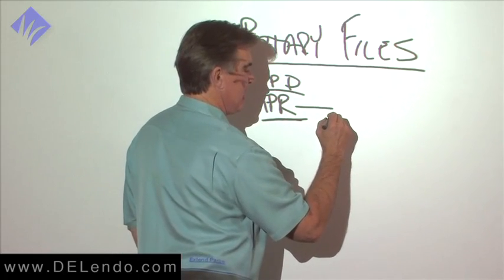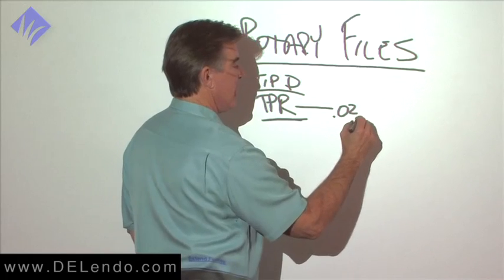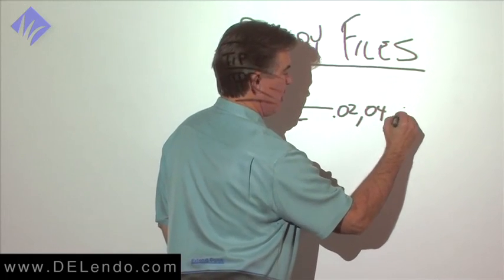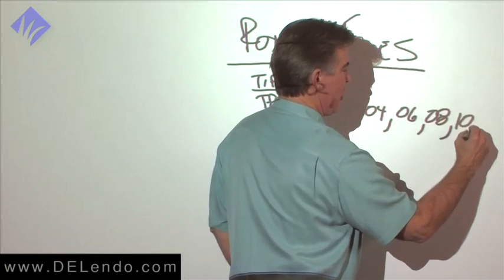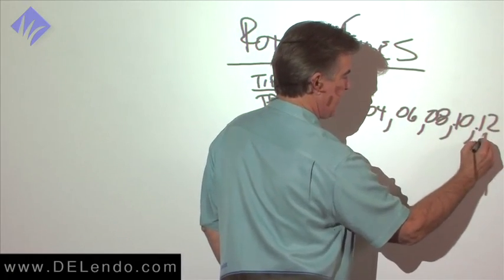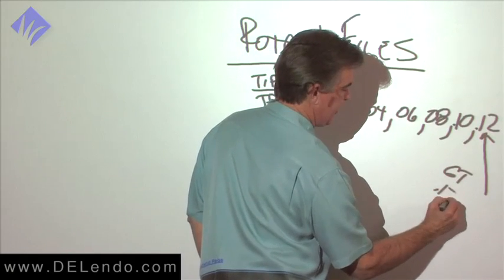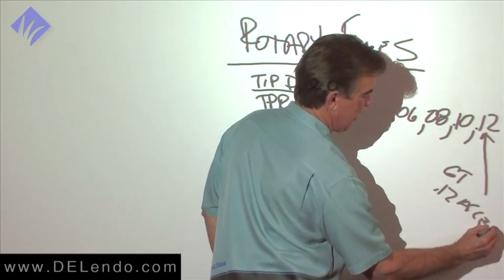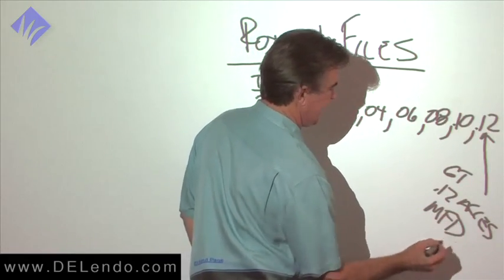Tapers typically 02, we'll even have rotary files with a narrow taper. 04, 06, 08, 10, and even 0.12. There's only one file that's really safely and successfully done that. That's the GT 0.12 accessory files. We'll get more into that later when we talk about maximum flute diameter limitation.